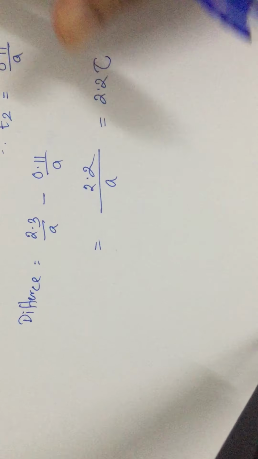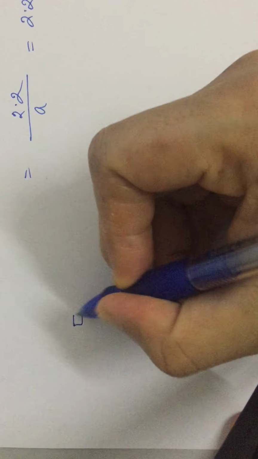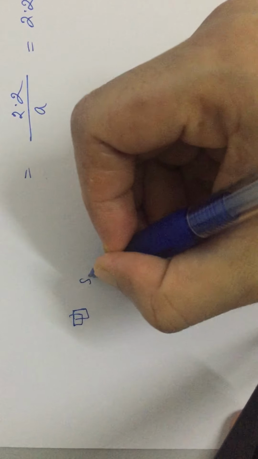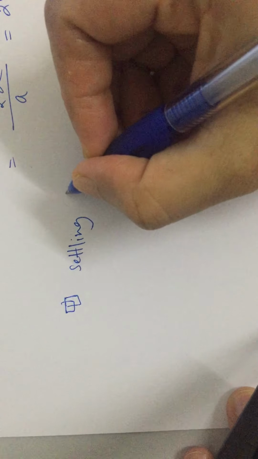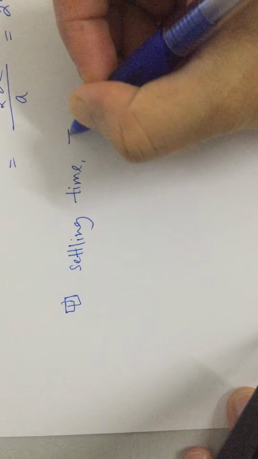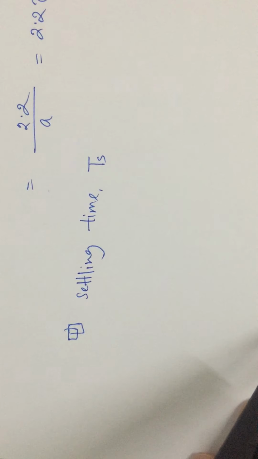Now the settling time. Settling time, which we call TS, is another term we need to analyze. Settling time is defined as the time for the response to reach and stay within 2% of its final value.